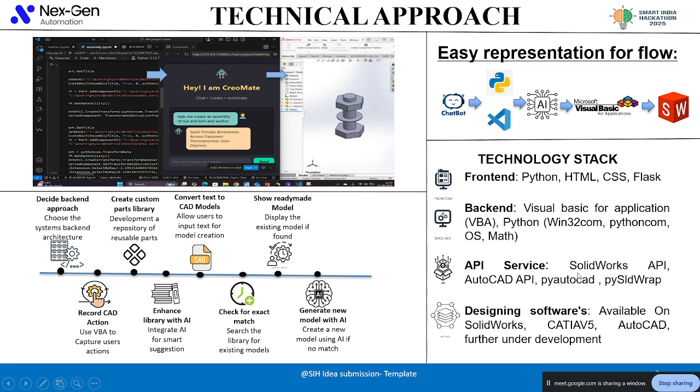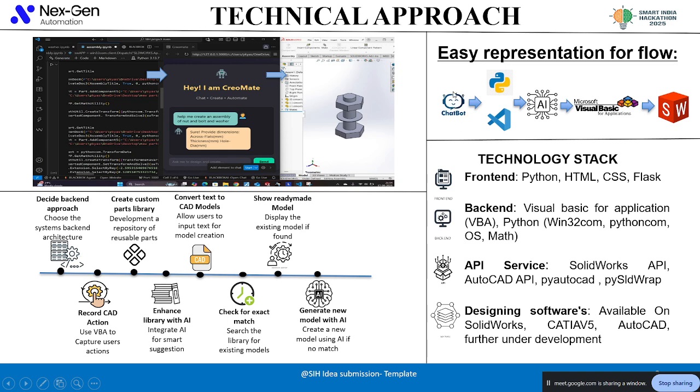The APIs which were required were gathered from these platforms, and the editing softwares are where we implement our code in Visual Basic and other designing softwares. Here you can see the backend code which is implemented in the chatbot, which gives you an output of a CAD software file.